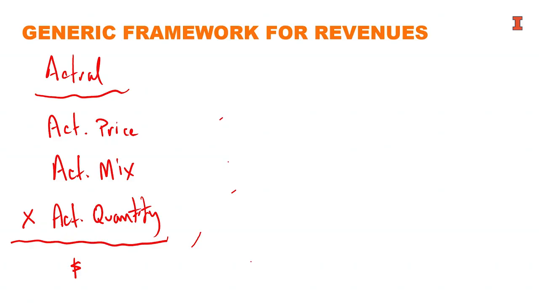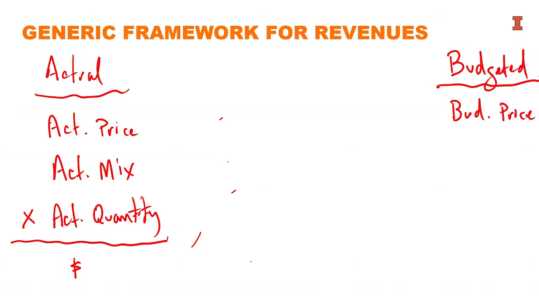Now, just like in cost variances, we can have an analogous world where everything is budgeted or standardized. With respect to revenues, we usually refer to revenues and prices as budgeted as opposed to standards. That just helps differentiate the different types of variances. But over in our complete budgeted world, we would have the budgeted price for our product, the expected or budgeted mix, and the budgeted total quantity of units sold.